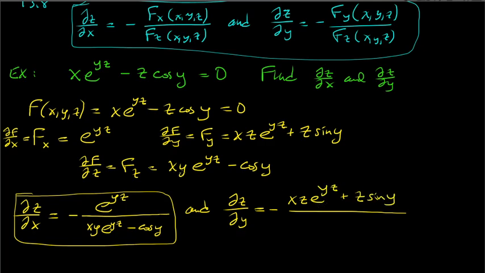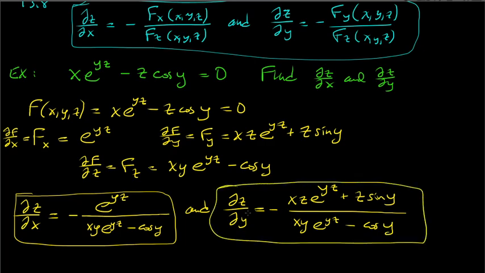And then the denominator is the same as it was before, xy e to the yz minus cosine of y. And this is it. I don't see any point in trying to simplify any of this.